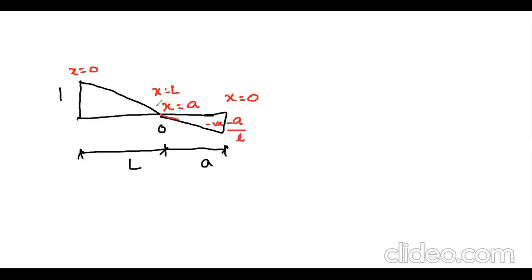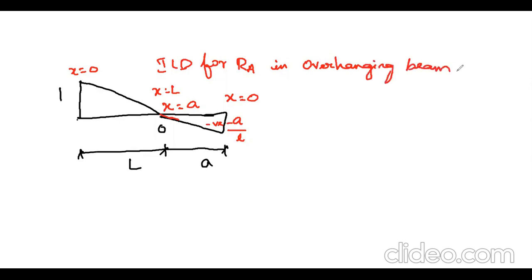It will be like this. So this is the influence line diagram for reaction A in the overhanging beam.